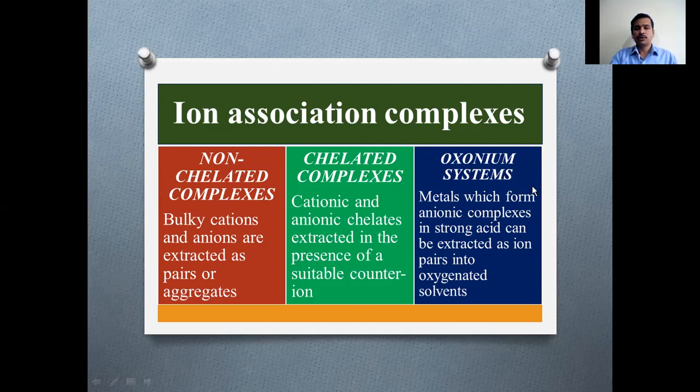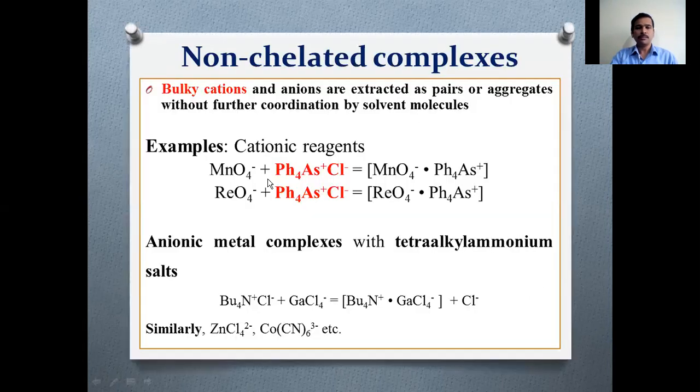And in these oxonium systems, metals which form anionic complexes in strong acid medium can be extracted as ion pairs into oxygenated solvents such as ether, methyl isobutyl ketone, acetates, etc. So when you treat the metals with oxygenated solvents in the presence of a higher concentration of acid, solvation takes place by the protonation process, and therefore the formation of an ion association complex is possible.